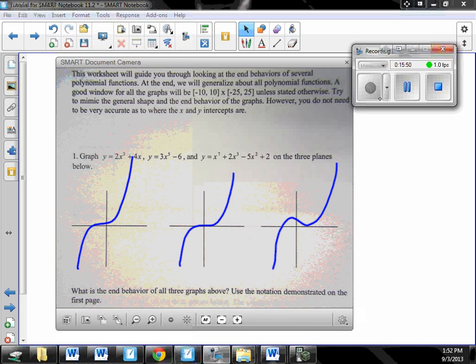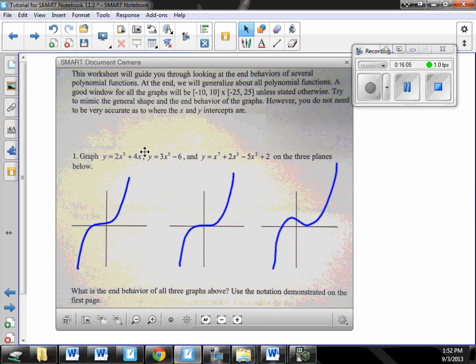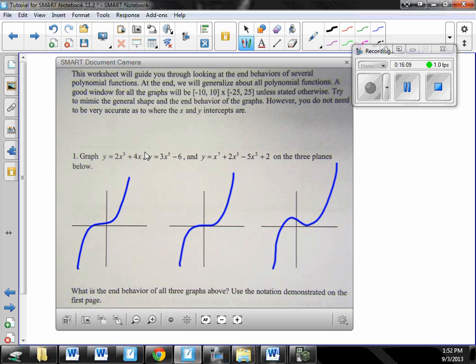So looking at these three graphs, the end behavior is the same for all of them. So what is similar between the equations? There's something about the equations that make all of the end behaviors look the same. What do you notice about each one of those polynomials?